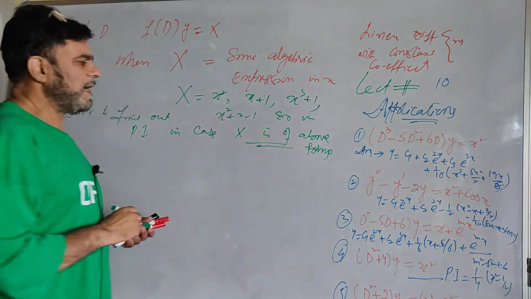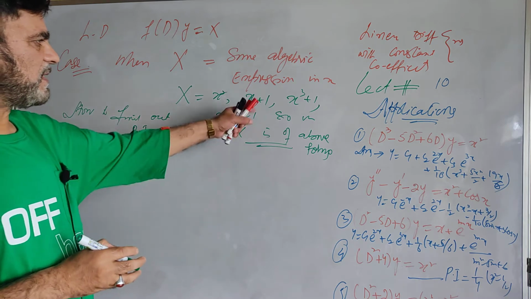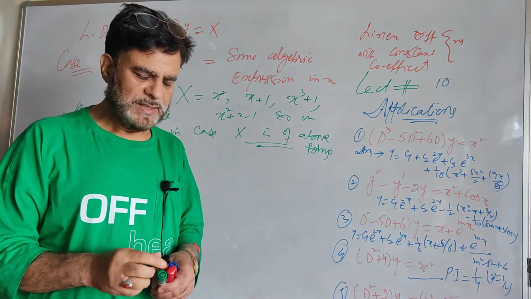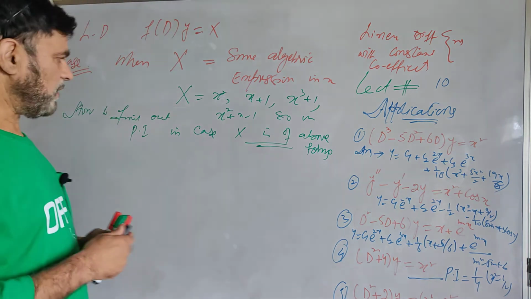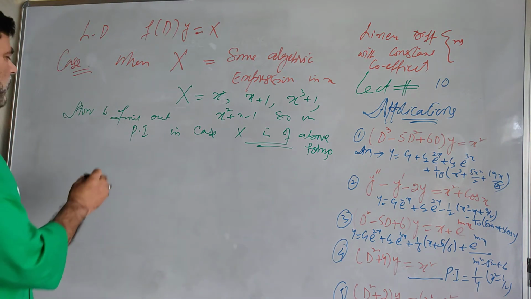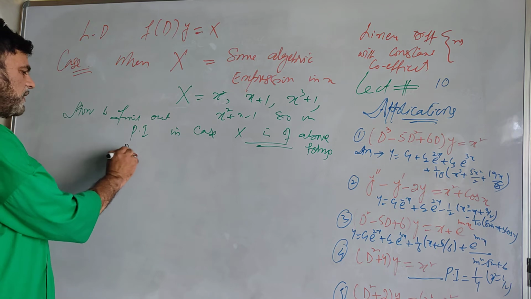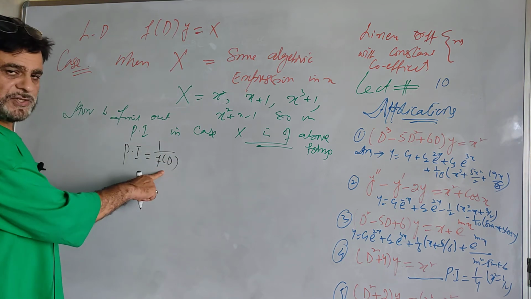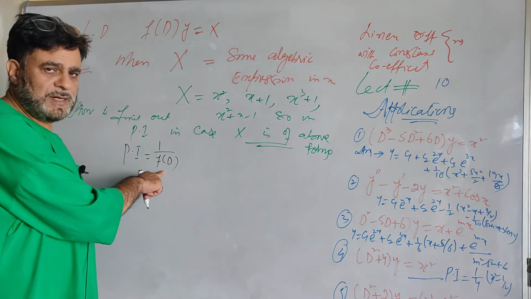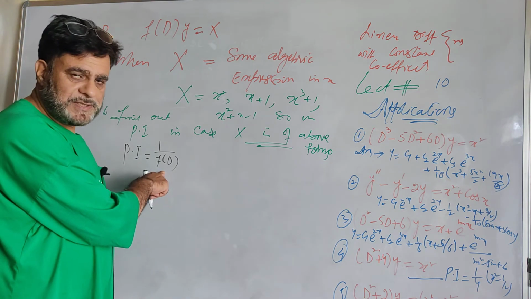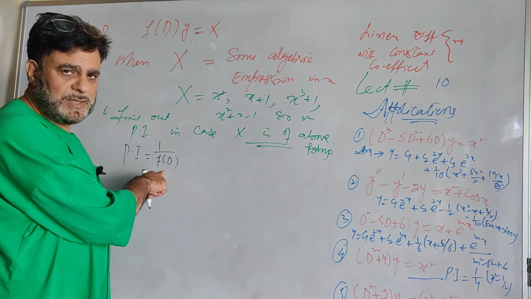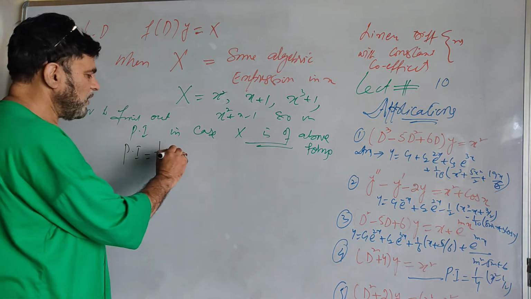When X takes the above forms, meaning this algebraic expression, how we proceed to find the particular integral. As usual our particular integral is 1 by f of D, the function of D that involves after writing the linear differential equation in symbolic operator representation, then you have here X.